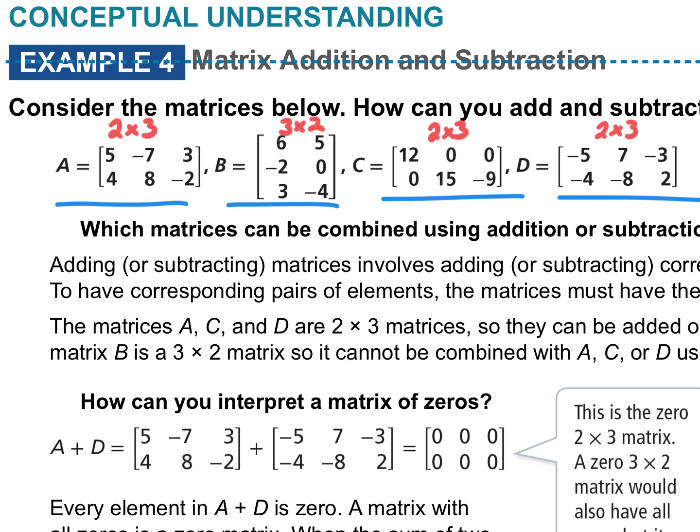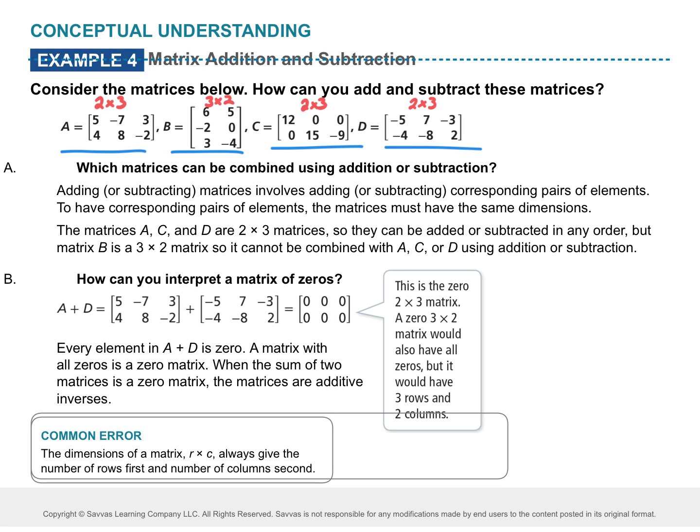So let's talk about that for a second. Can I add a 3x4 with another 3x4? Yes, because they are the same dimension. Can I add a 1x2 with a 2x3?